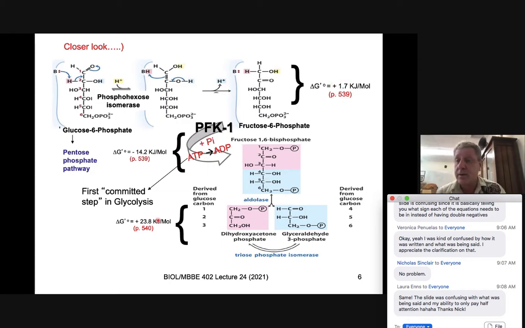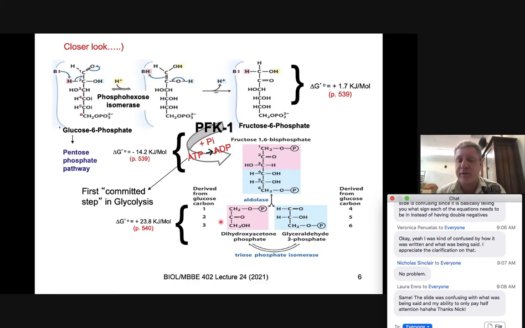And again, we have the capacity to produce two 3-carbon moieties. And the interesting thing is there is a triose phosphate isomerase, which has the capacity to change this molecule to make sure that we can produce either dihydroxyacetone phosphate as the major constituent or glyceraldehyde 3-phosphate as the main constituent. And we're going to need this guy.